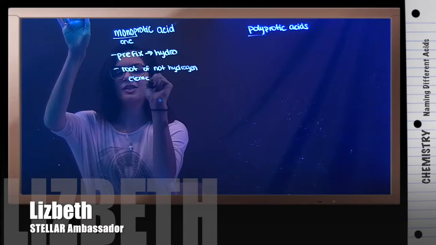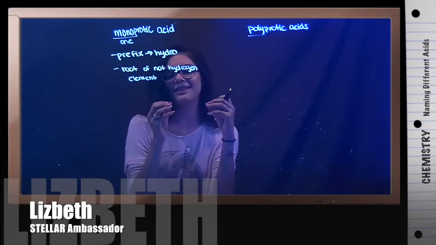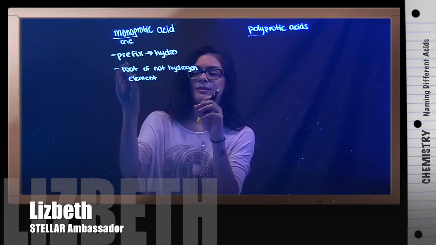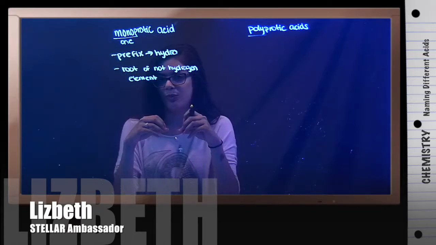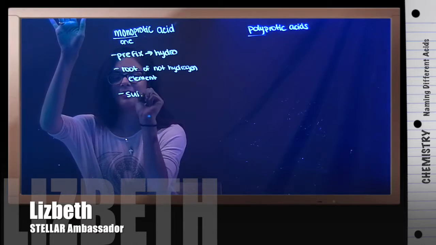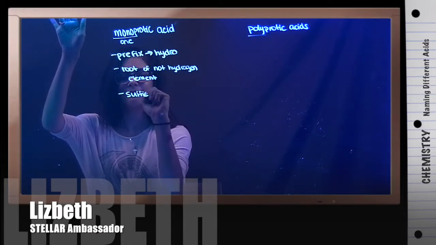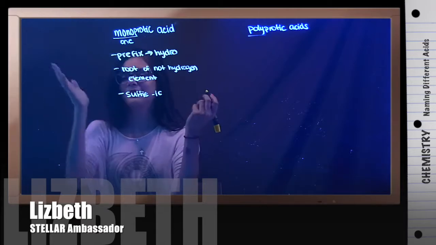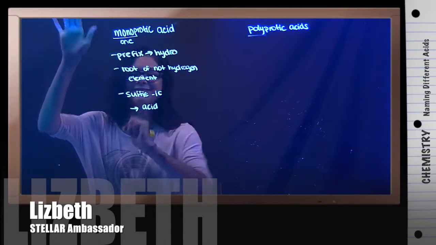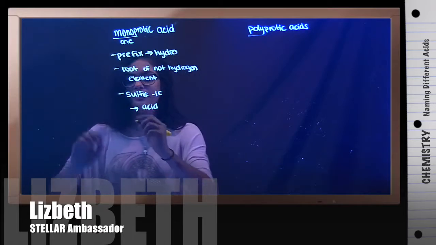If you think about it logically, it makes sense because we're already considering the hydrogen when we use hydro. So now we're going to use the root to express what the other element is. And at the very end, you're going to use the suffix -ic to end it. And then you just write acid at the end to make sure that people know that it's an acid. So let's do an example.